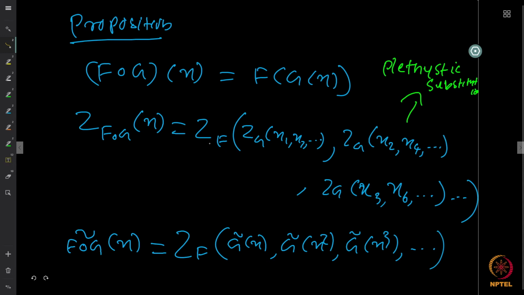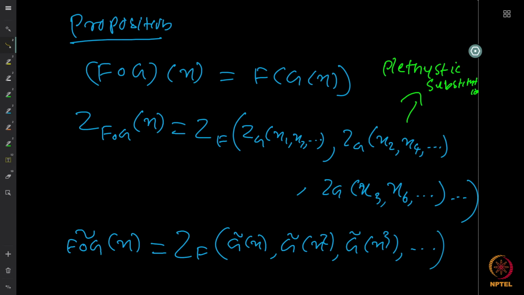We know that Z_f is Z_f of x1, x2, x3, etc. For each of these, we are going to substitute as follows. x1 is substituted with Z_g of x1, x2, etc., the cycle index series for G. Then x2 is substituted by Z_g of x2, x4, x6, etc. Then x3 is substituted with Z_g of x3, x6, x9, etc. Similarly, you do this for each of the xi's.